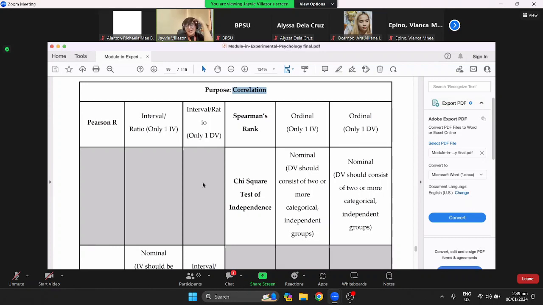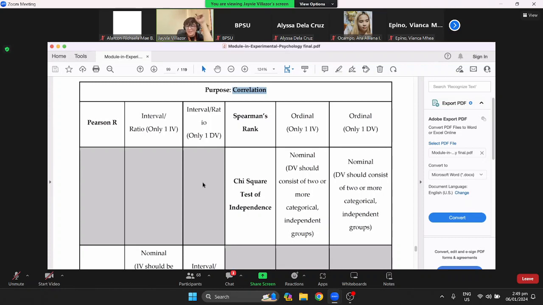Okay? Alam niyo, isa to sa laging nagiging mistake ng mga estudyante, lalo na pag umupo ako sa mga panel during research. Gumagamit sila lagi ng Pearson R, pero yung dataset naman nila, hindi pang Pearson R, not normally distributed. Tapos, nirank nila, hindi. Dapat ang gagamitin nila, Spearman rank, hindi Pearson R. Can you follow?